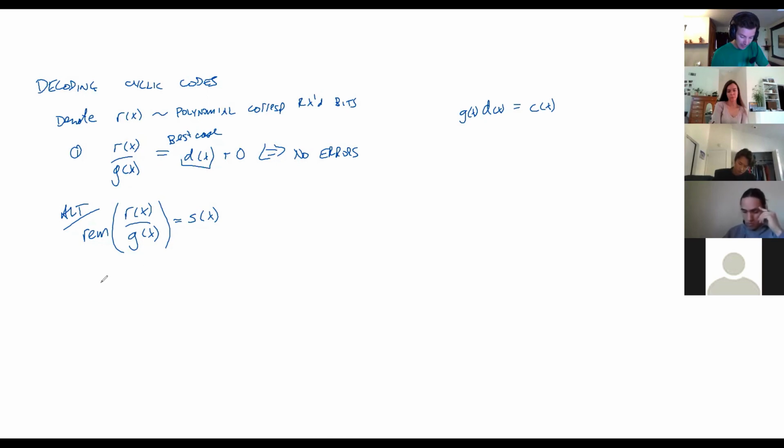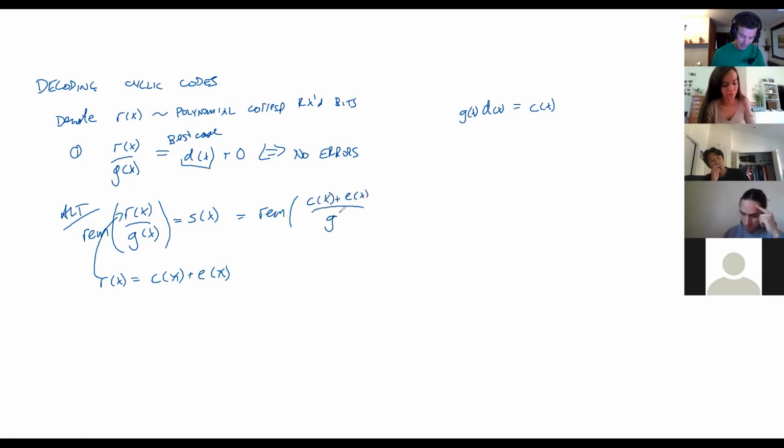And then we're in the case where our received polynomial is the true polynomial corrupted by some error polynomial. If I plug this in here, then I get the remainder of c of x plus the error polynomial divided by my generator. And this is, again, the remainder between c of x and g of x.